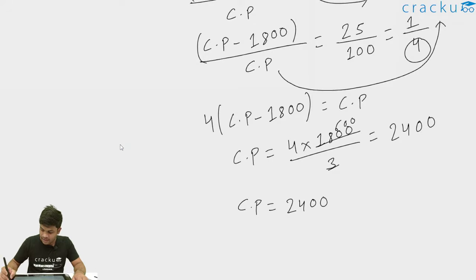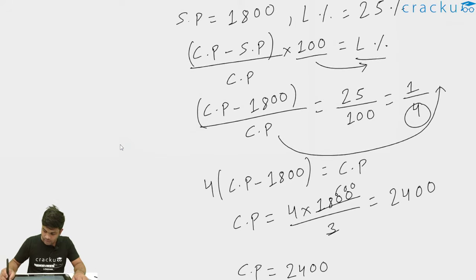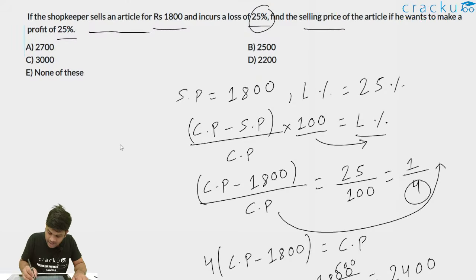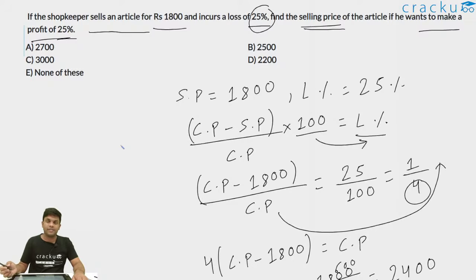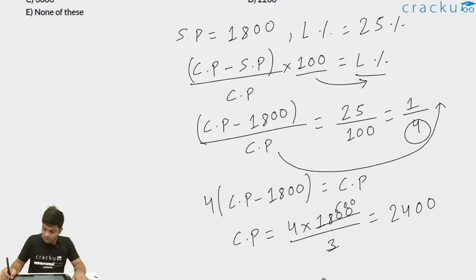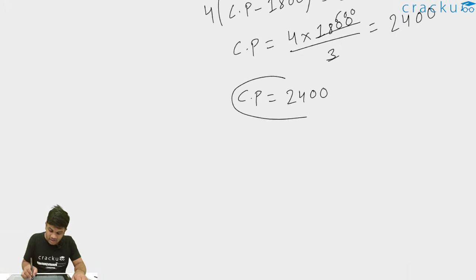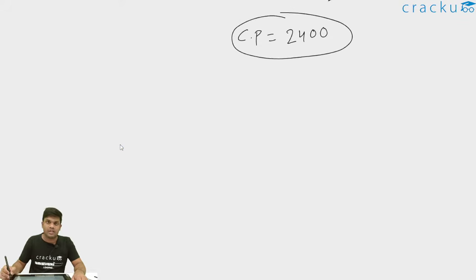Now we have to find the selling price at which he will make a profit of 25%. So we got the cost price here, and we have to find the selling price, and we know the profit percentage which is given.